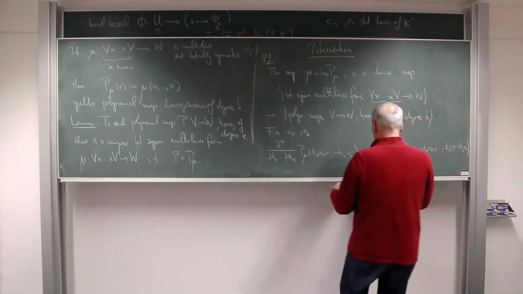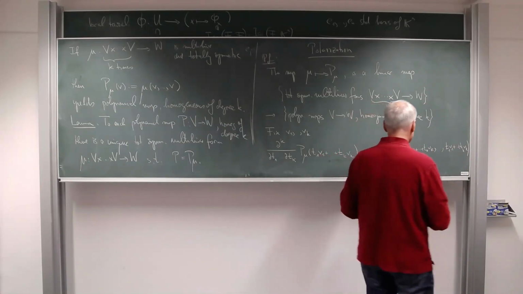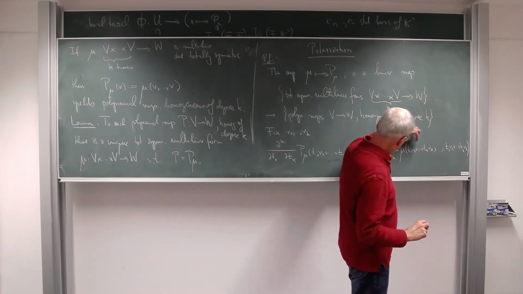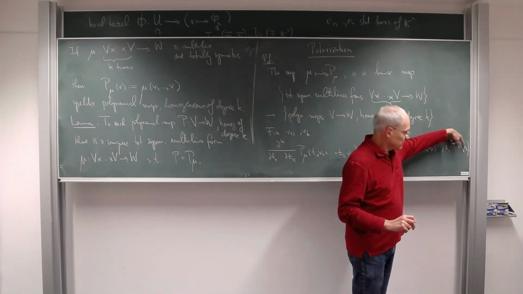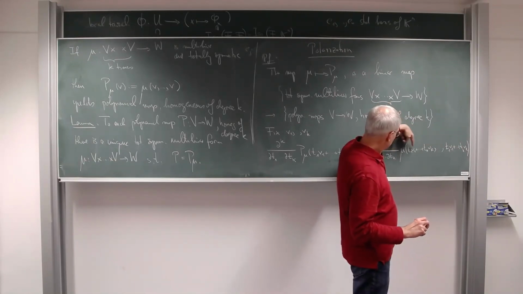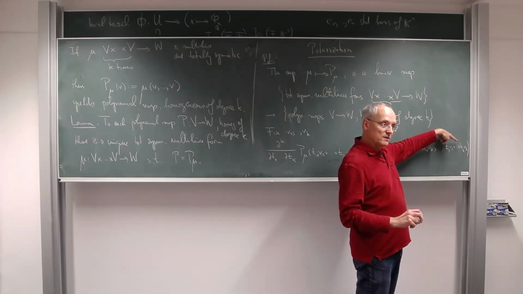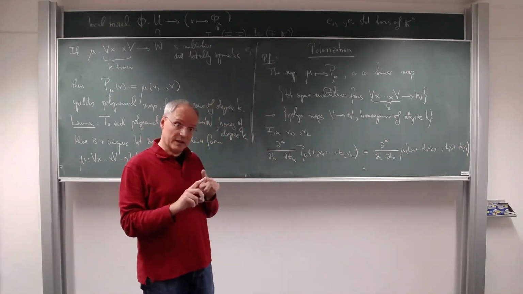And what will this give me? If I do that and differentiate, then I will have, for example, mu of v1 here, v2 here, and so on up to vk here, or in some other order. I could have mu of v5 here, mu of v1 here, and so on, in some other order. But by assumption mu is totally symmetric, so this will always give me the same thing.